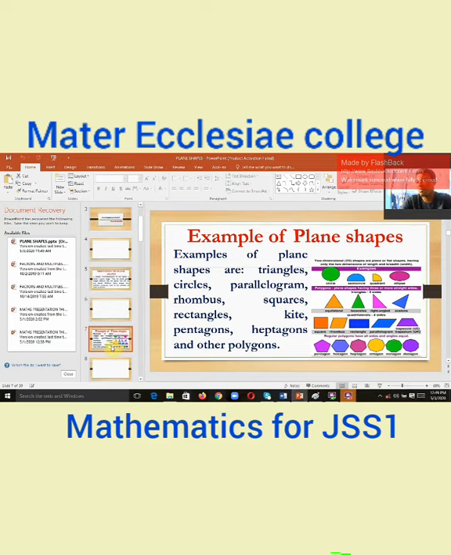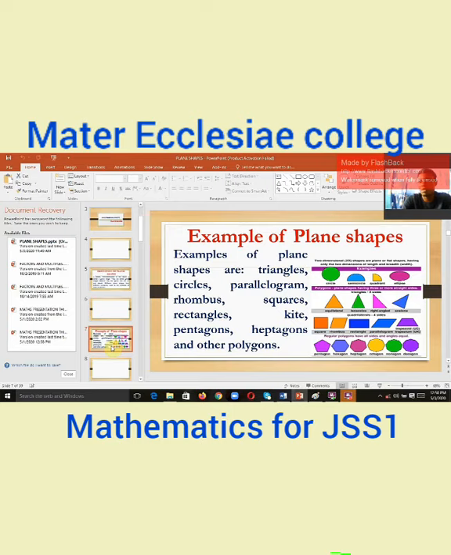Two-dimensional shapes are, like I said earlier, plane or flat shapes having only two dimensions. Dimensions of what? Length and breadth, base and height. If you're looking at a triangle, you have base times height. Three-dimensional shapes, we are coming to that, are solid shapes, but we're looking at plane shapes.